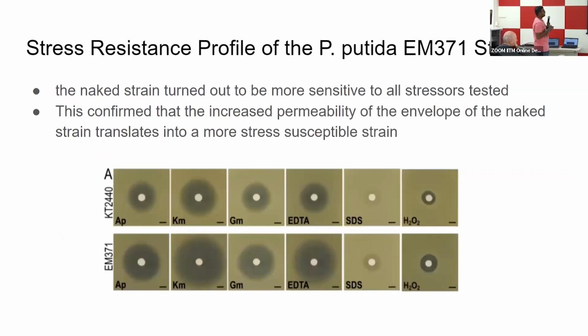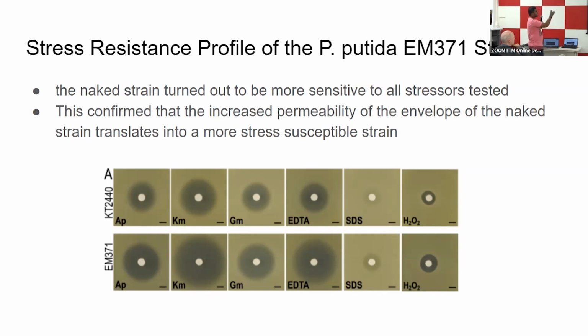Stress resistance profile of the modified strain. So they checked with different stress conditions, such as they have used some antibiotics and also EDTA, SDS, and hydrogen peroxide. So we can see that in the case of parent strain, the inhibition zone is less, but in the modified strain, it is more.